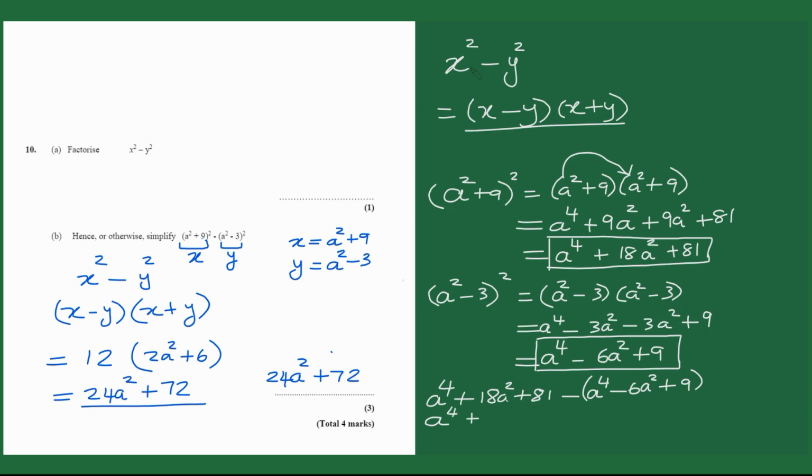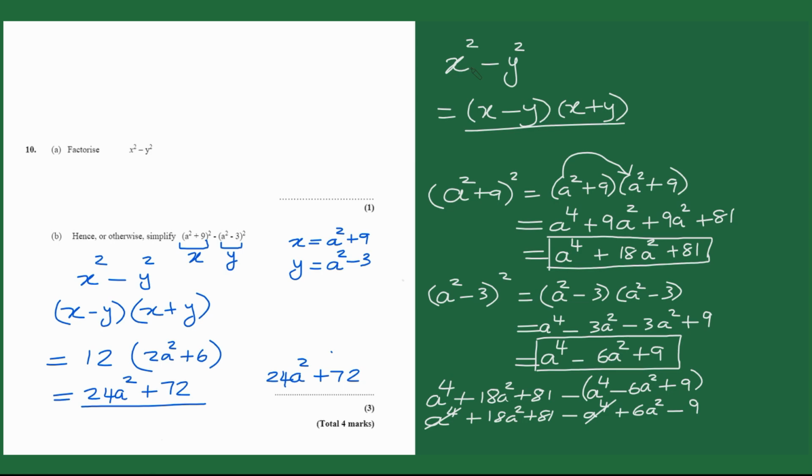Always remember to put brackets when it comes to negatives. If you are taking away an expression, put the negative with the brackets. So I'm going to multiply the bracket by negative. Negative times a to the power 4 is negative a to the power 4.